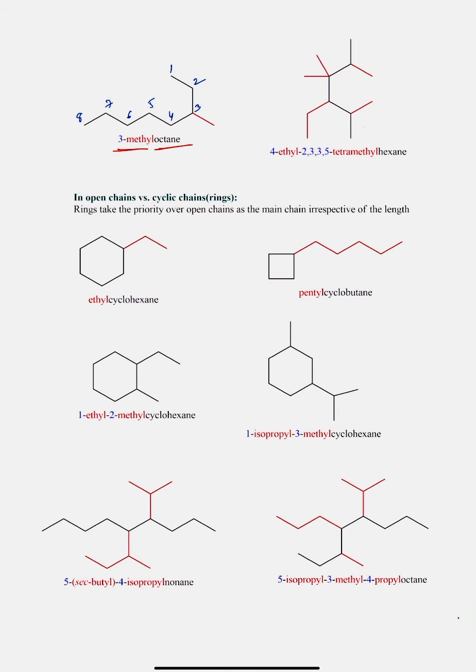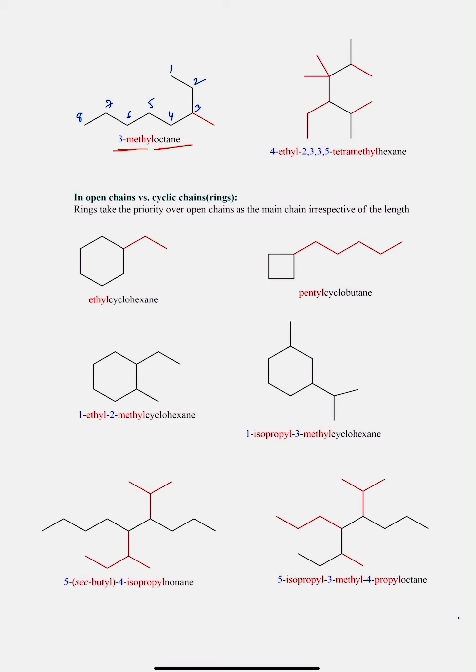But irrespective of any path among these 4 paths you choose, you will end up with the same name because all the 4 paths are exactly the same. They are not unique paths, they are similar paths. So it doesn't matter which path you choose, you'll end up with the same name.